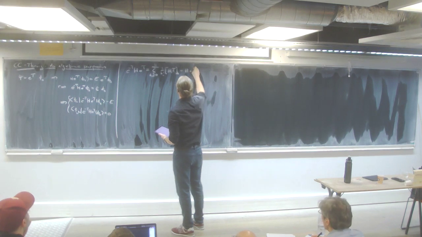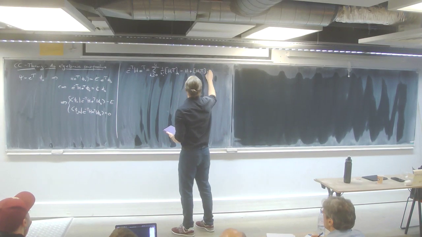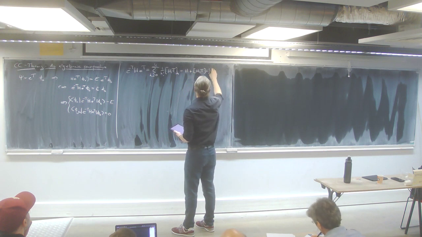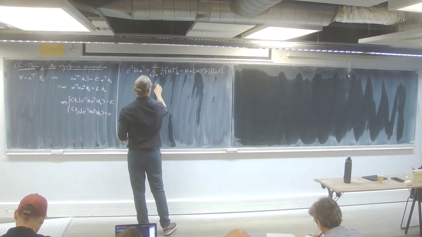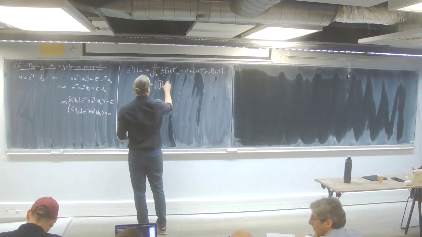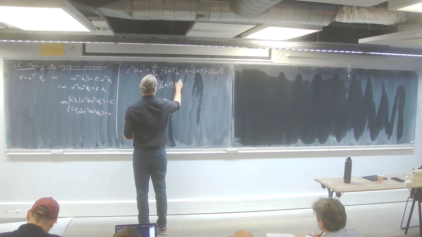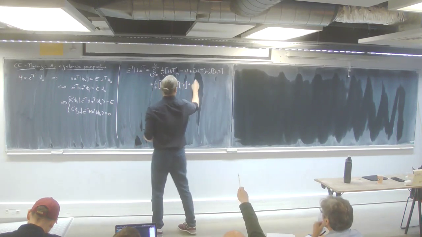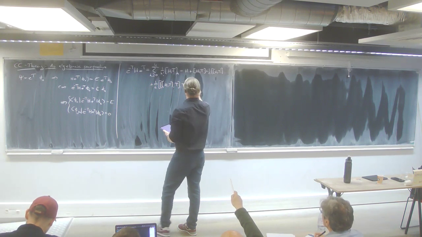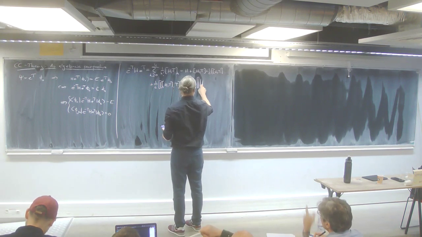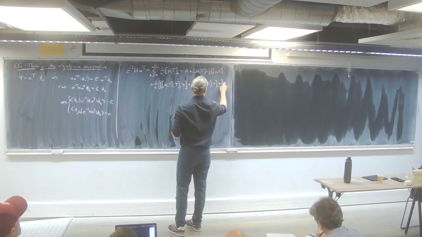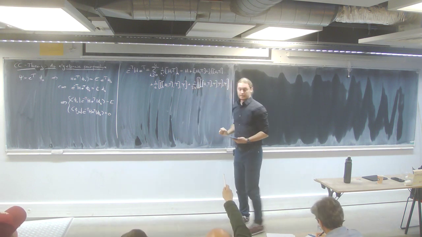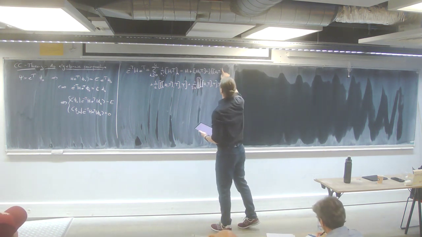You'll find H plus the commutator of H and T, plus the double commutator, and so on. Oh, I missed a T, yes, thank you.